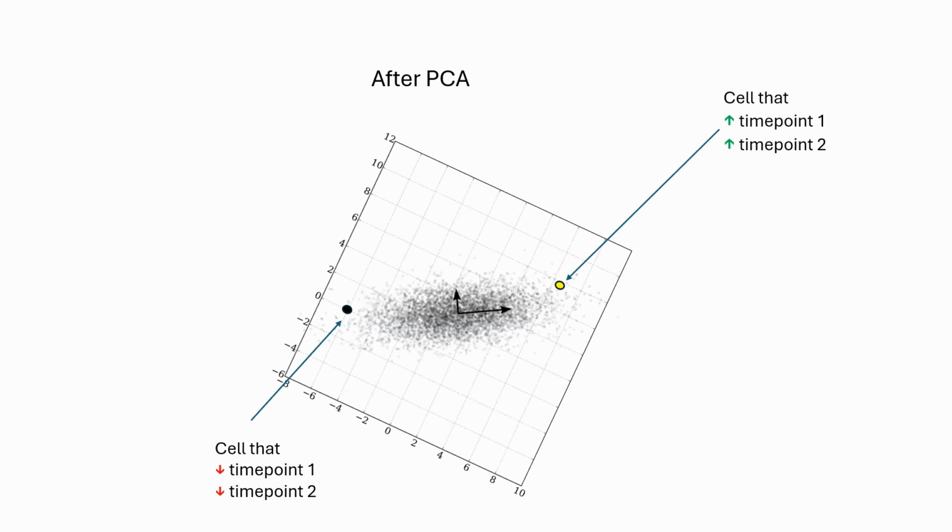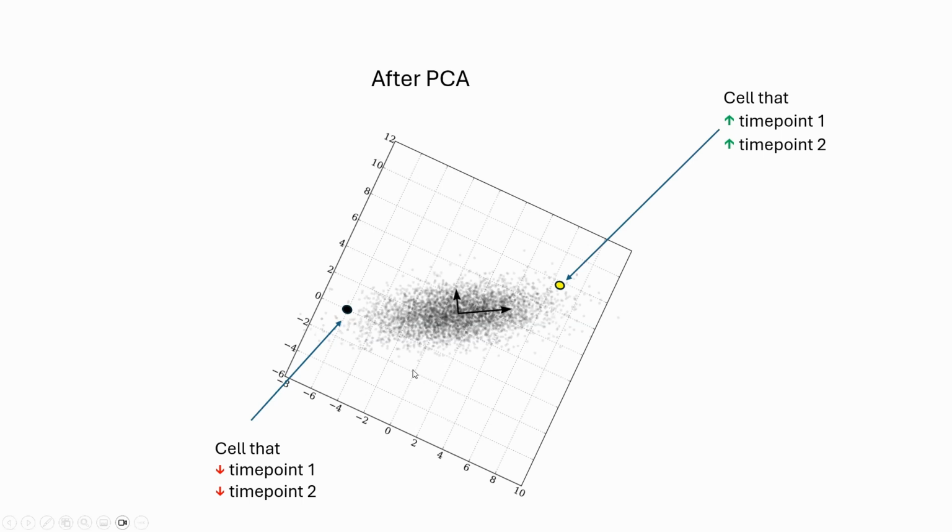So we're not super interested in these original axes anymore. We're going to use this new set of axes that PCA has discovered. The reason we want to do this is that PCA is trying to find new axes that better capture the variability of the data.